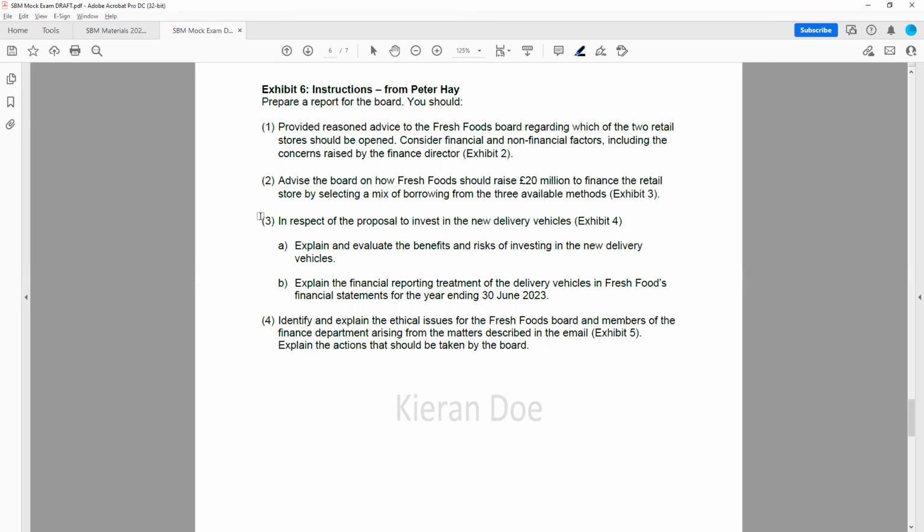If we take a look at the requirements here, we can see the first one is to provide reasoned advice to the Fresh Foods Board regarding which of the 2 retail stores should be opened, considering financial and non-financial factors, including the concerns raised by the FD, and this is all Exhibit 2.